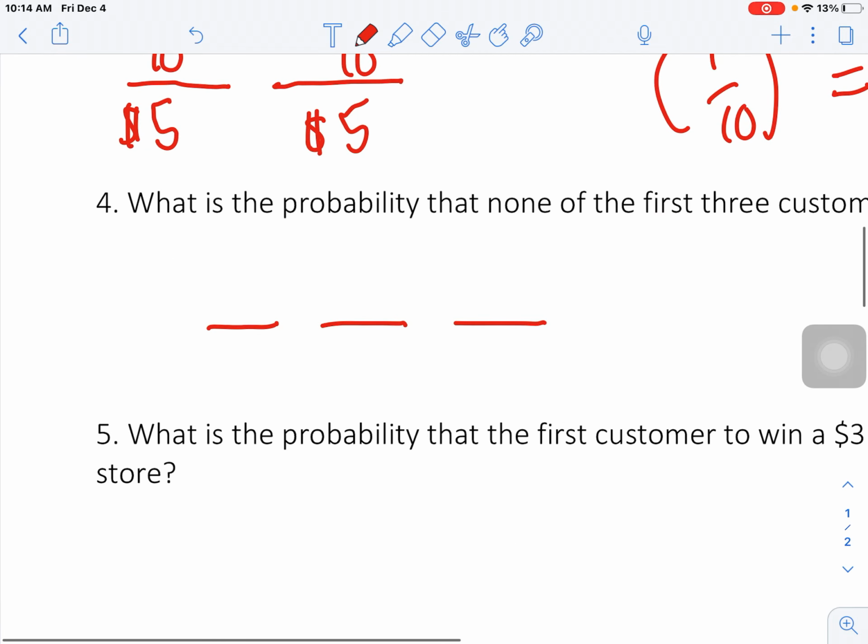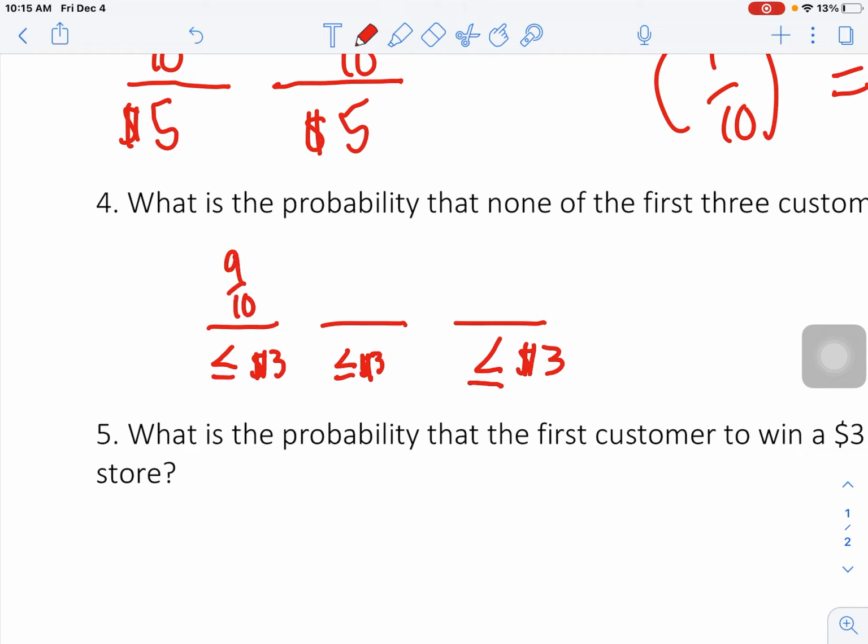So if I want this one to be less than or equal to $3, there's a 9 out of 10 chance.